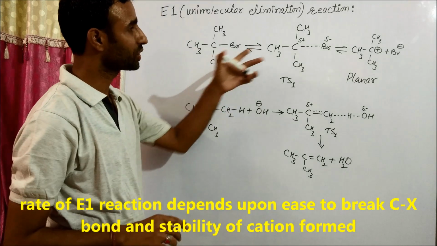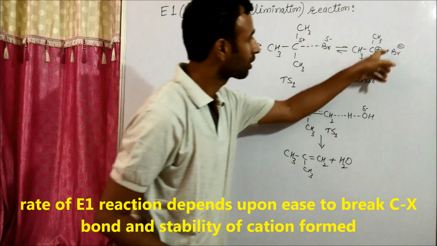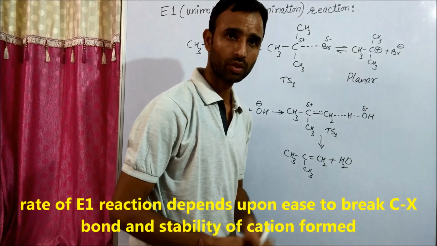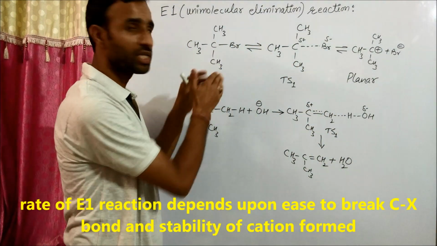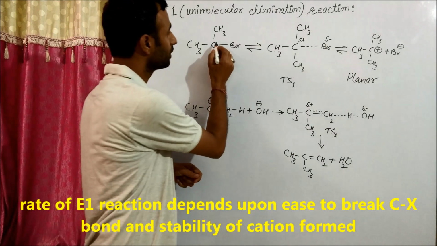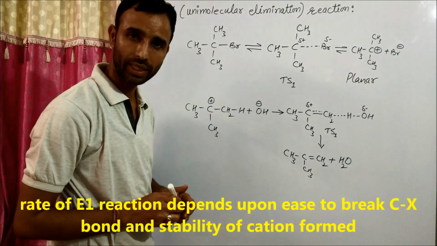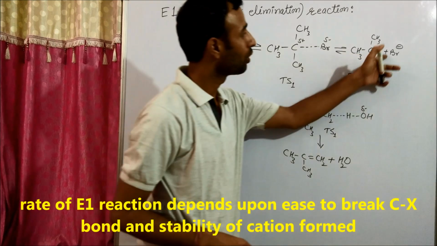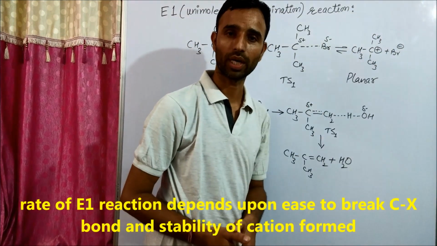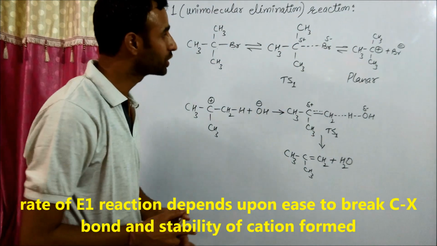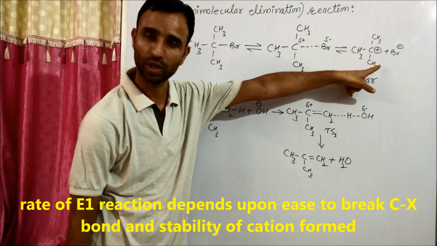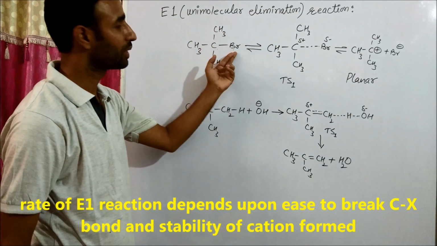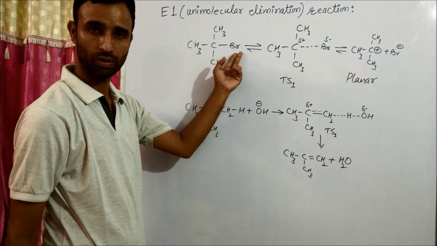So in the first transition state, carbocation is formed. This formation of carbocation depends on how easily the C-Br bond breaking takes place and the stability of the carbocation. These are the two factors which decide the E1 reaction: stability of the carbocation and ability of the leaving group.